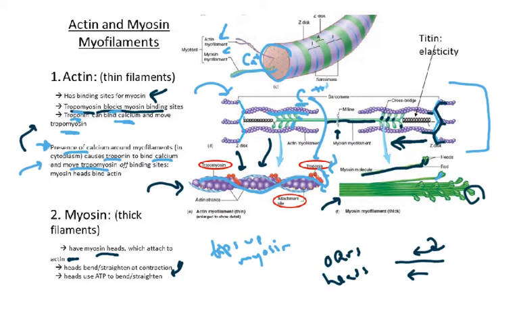In order to have the myosin heads bind the actin at all, calcium has to be present, because calcium binds to troponin, and troponin, when bound to calcium, will move the tropomyosin so that it's no longer blocking the ability of myosin to bind to actin. Whew. And then when myosin can bind to actin, myosin can do its job, which is to use ATP to bend and straighten.